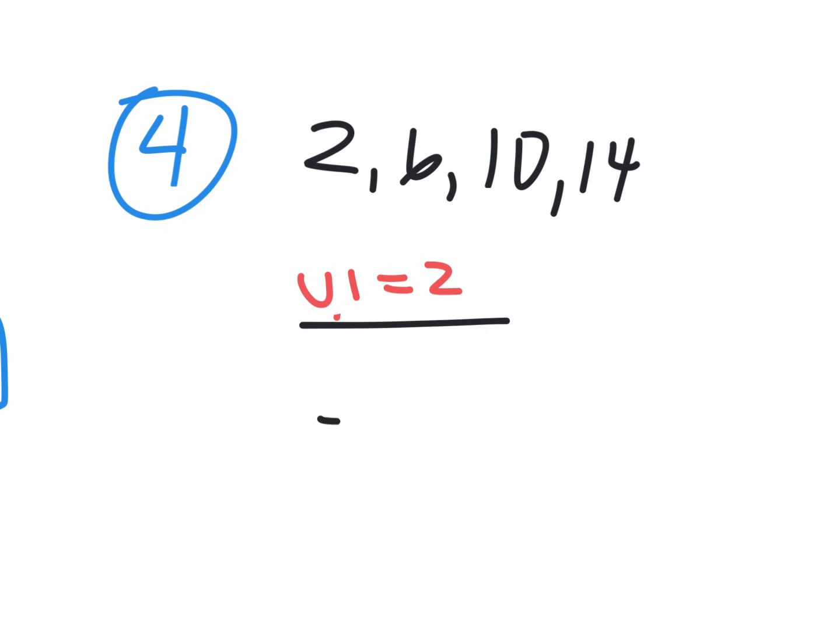And then the next line is where you're always going to type in u sub n, which I know, no subscripts, I wish there was. u sub n, and then u sub n minus 1. And then you have to either say plus something or times something. I guess you could also say minus something. In this case, what did we add each time? So you say plus 4. But don't put it in parentheses, because that would mean times 4.